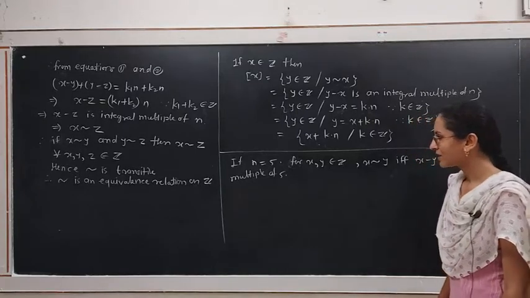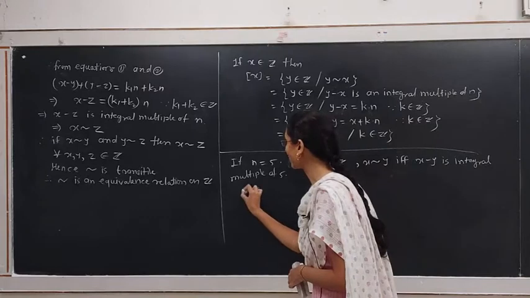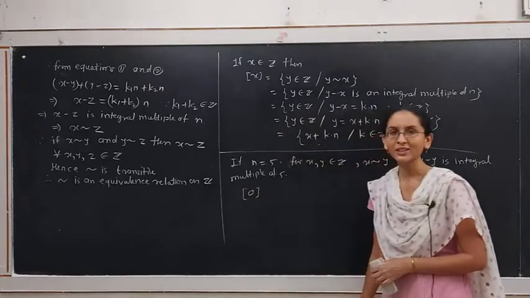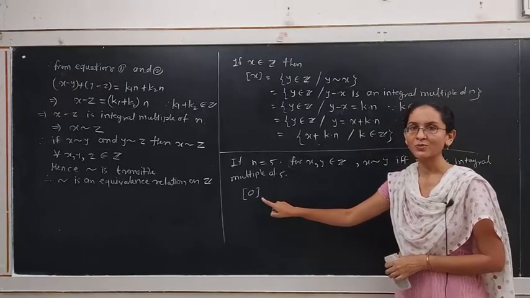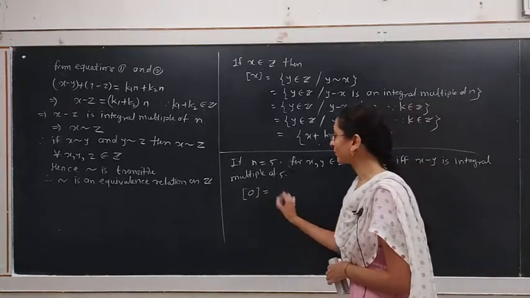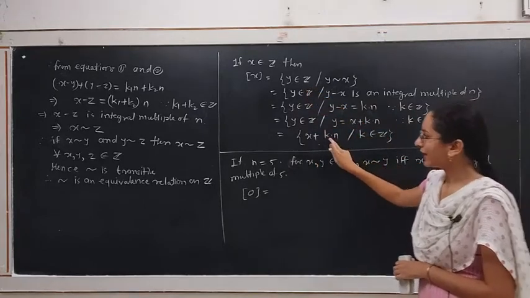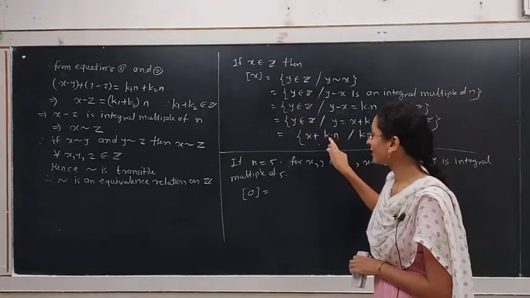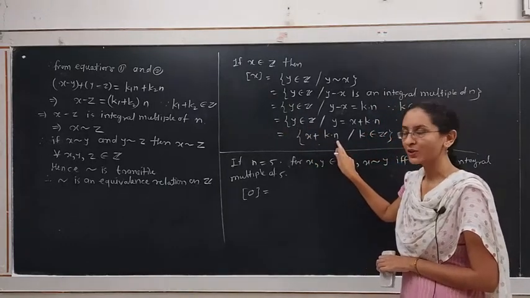Now, if we fix the value of n equal to 5, then we get equivalence classes which are finite in number. If we find the equivalence class of 0, 0 is an integer. By this result, put x equal to 0 and n equal to 5. What do we get?